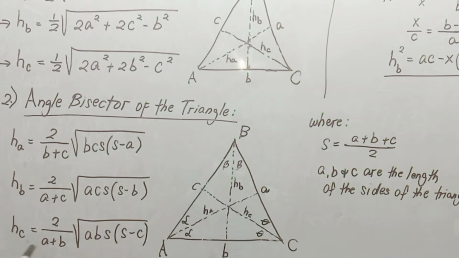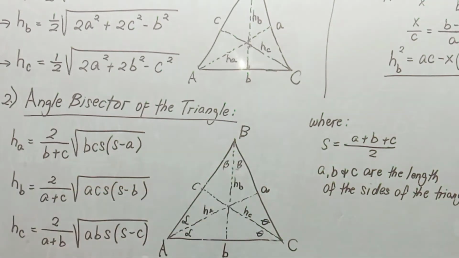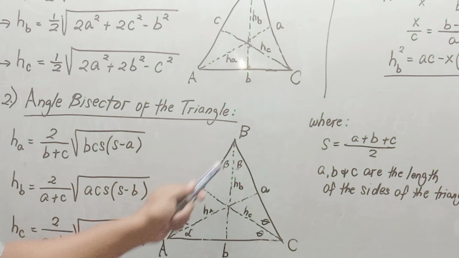So h sub c is equal to 2 over a plus b, the a side plus the b side, times the square root of the product of the a side times the b side times the semi-perimeter, same equation for finding s, times the difference s minus the c side.